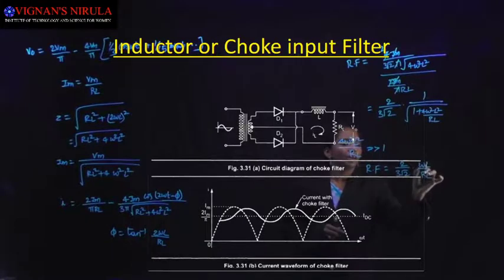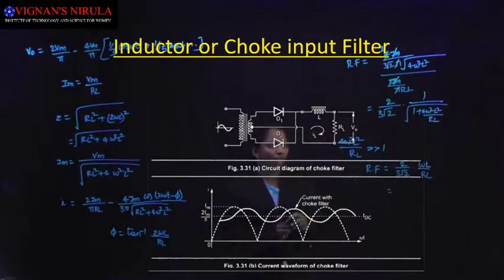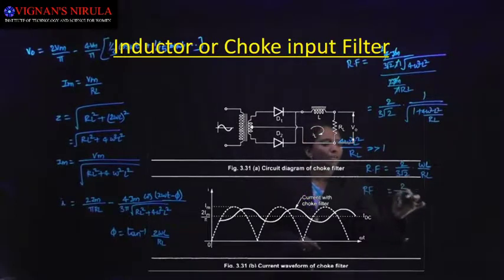Or simply, when compared to RL, if RL is infinite, then the output circuit becomes an open circuit. Then we get ripple factor RF equal to 2 by 3 root 2.